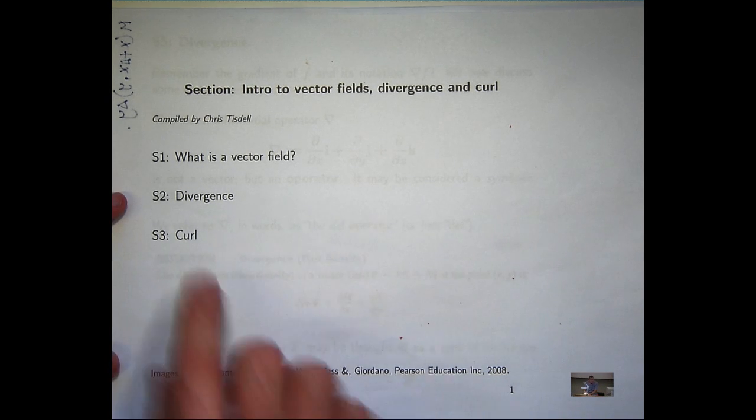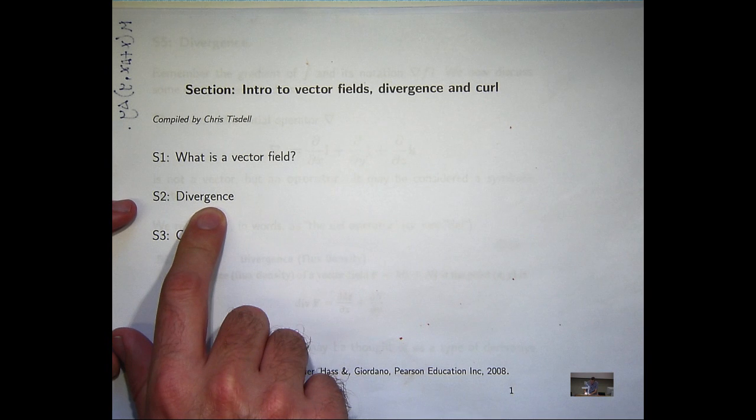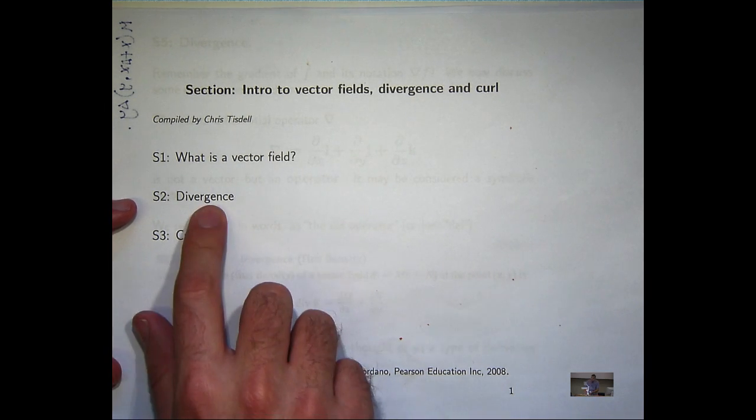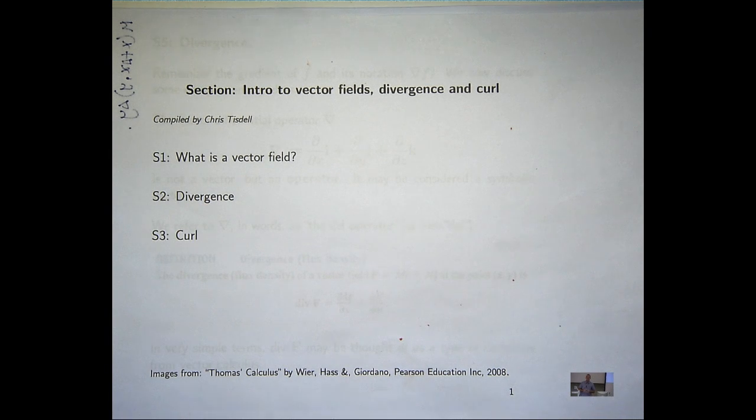Now in this video we're going to talk about the so-called divergence of a vector field. Now divergence is one of the basic operations from vector calculus and loosely speaking it's a kind of derivative.